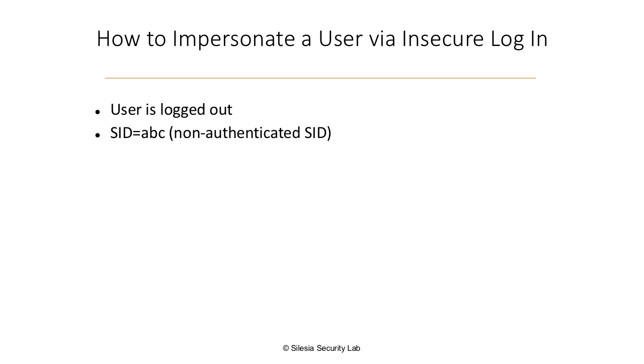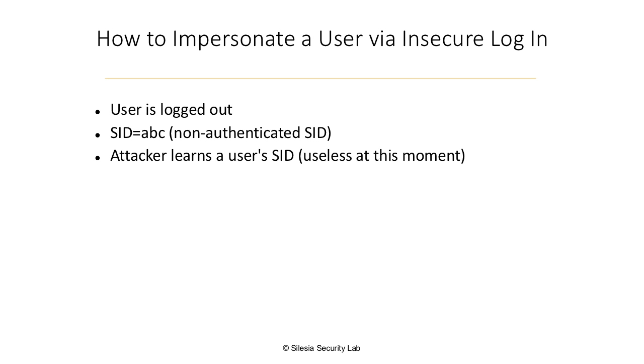Next, the attacker comes in and learns the user's session ID. Well, it is useless at this moment because the user is logged out, so the attacker cannot do anything with this information. But let's carry on our story and you will see what interesting can happen later on.